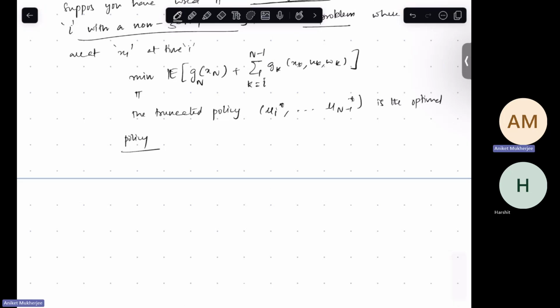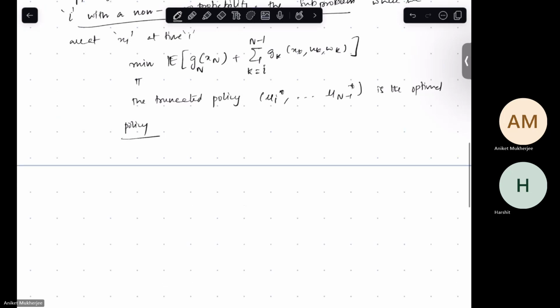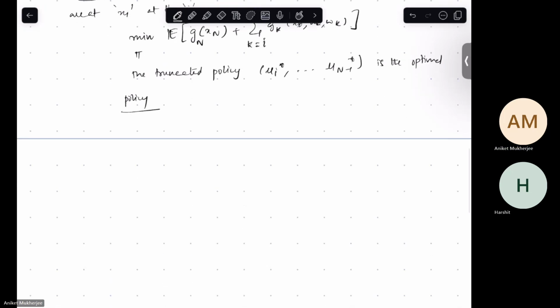Okay, so today I'll try to give you the dynamic programming algorithm. This dynamic programming is for stochastic control problems. I'll give the algorithm.